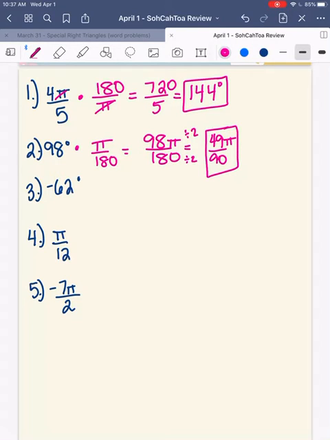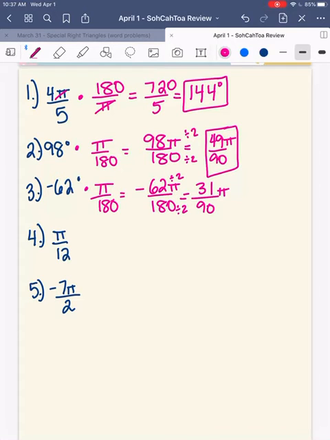Okay, we're going to do the same thing for number 3. So we're just going to bring the negative over, and then we're going to try to reduce. So I'm going to type it in the calculator and do 62 ABC 180. I do not type the negative, and I do not type the pi. And if you don't have the ABC button, like if you're just using your phone calculator, again, you would just want to try to figure out what can go into both of them.